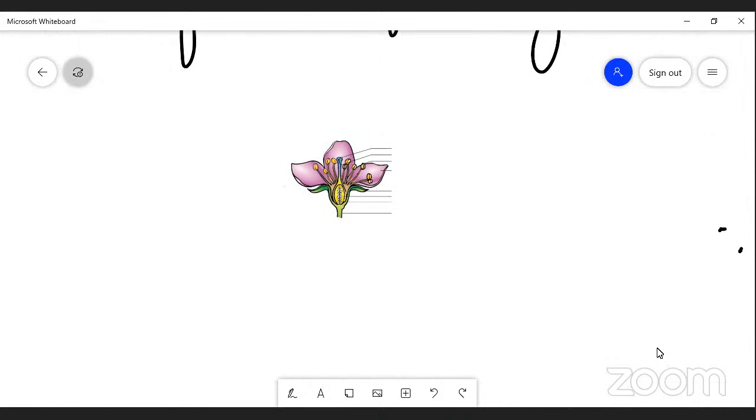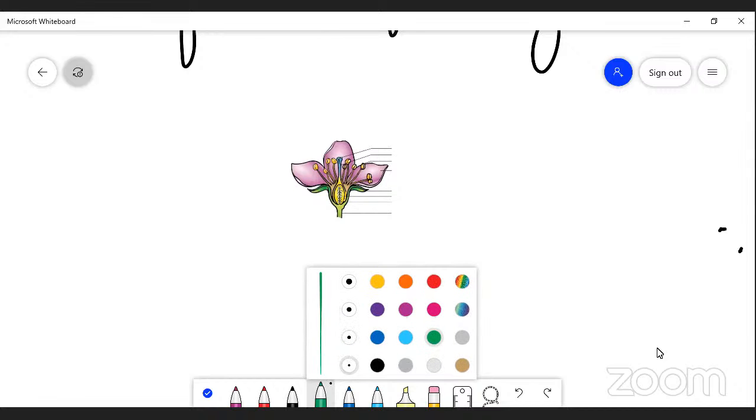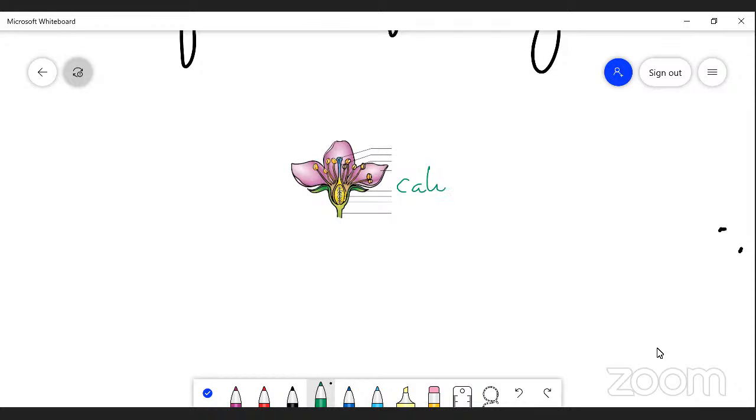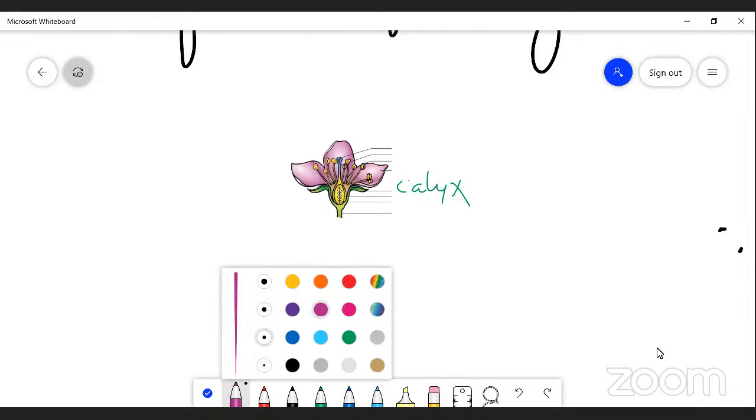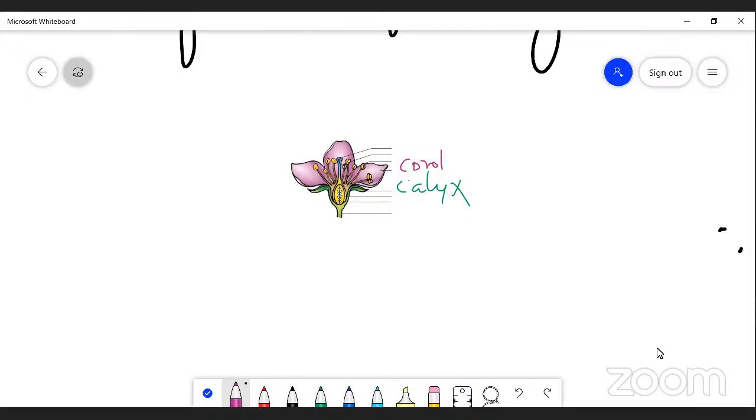This is the structure of a flower in which you can find the outermost layer, which is called the calyx. It is the outermost layer, followed by the corolla. This is the corolla region.